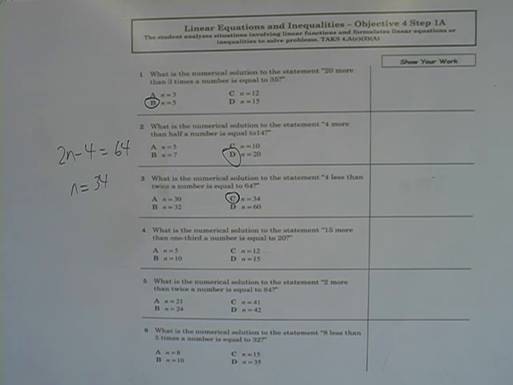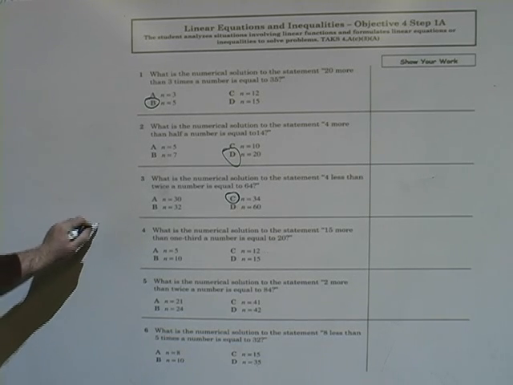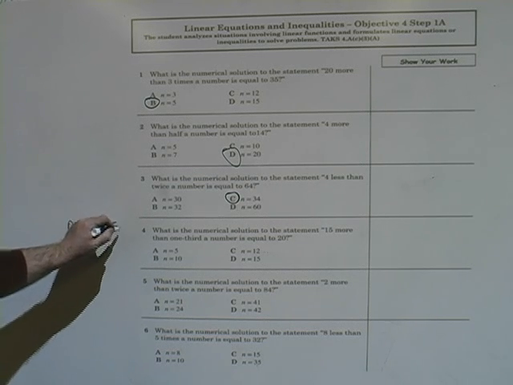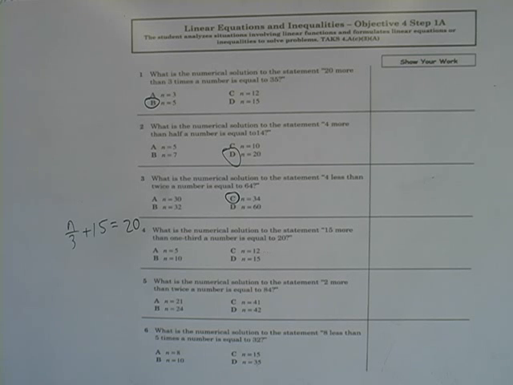Number 4, 15 more than 1/3 a number is equal to 20. Okay, 15 more than 1/3 a number. Here's 1/3 of a number, n over 3. 15 more than that is equal to 20.